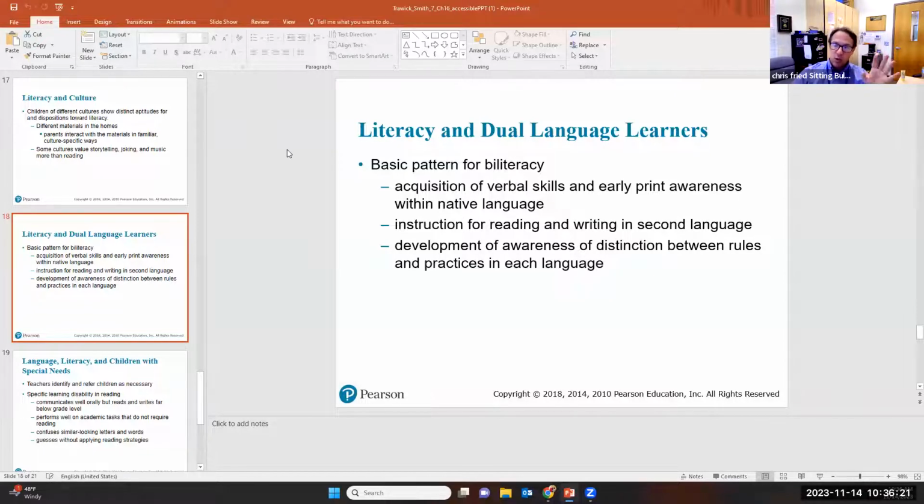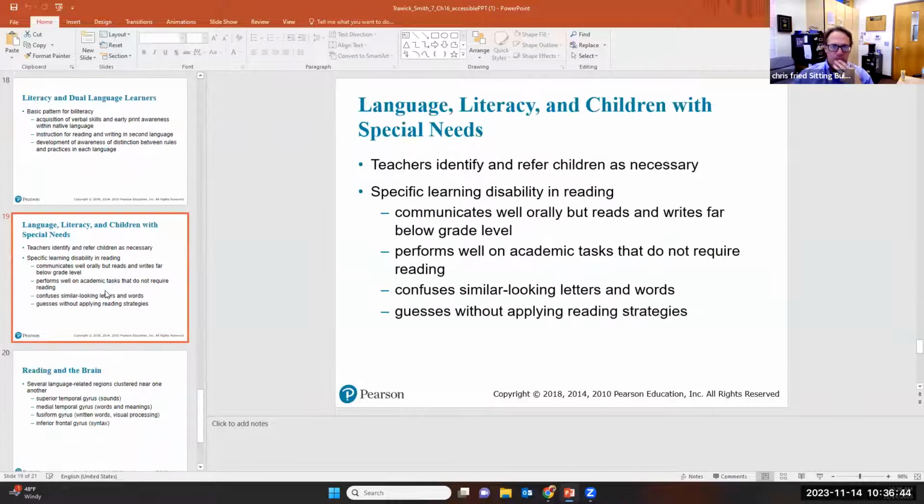It goes back to that social setting that you need to have for kids to help develop that second language. Development of awareness of distinction between rules and practices in each language. So the social context, the rules and languages of how to pronounce words, say words, when to use them, etc., is going to be different, of course, for each language.